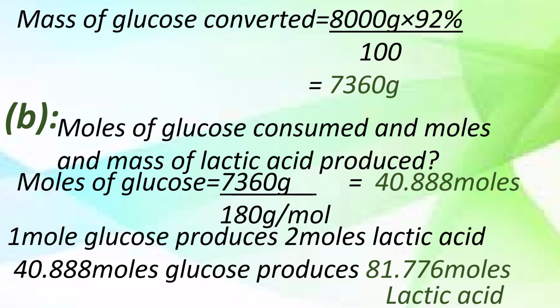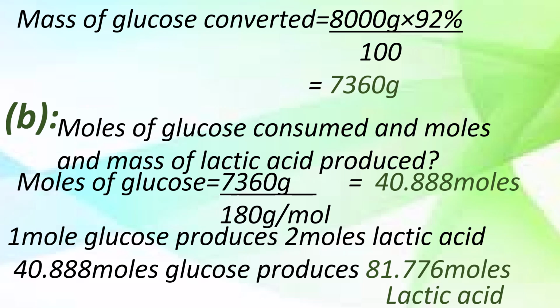Now we have to calculate moles and mass of lactic acid produced. 1 mole glucose produces 2 moles lactic acid. So 40.888 moles glucose produces, we multiply it by 2 and divide by 1, 81.776 moles lactic acid.